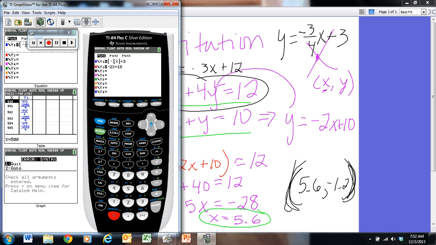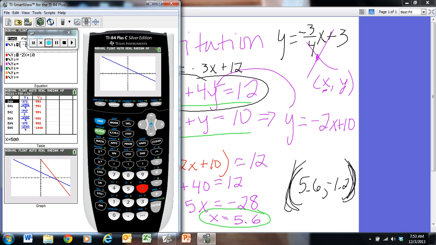Let's go zoom 6. That's the line negative 3/4 x plus 3, and there's the line negative 2x plus 10. And if I go second, calc, intersect, choice 5, enter, enter, enter, 5.6, negative 1.2.